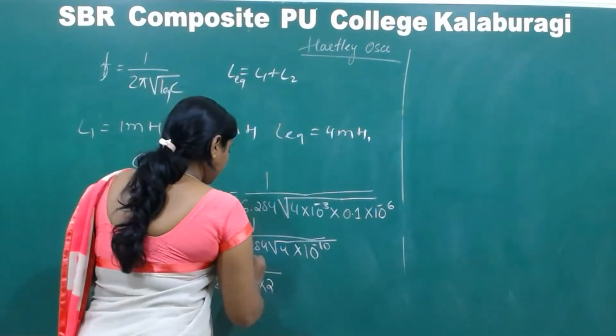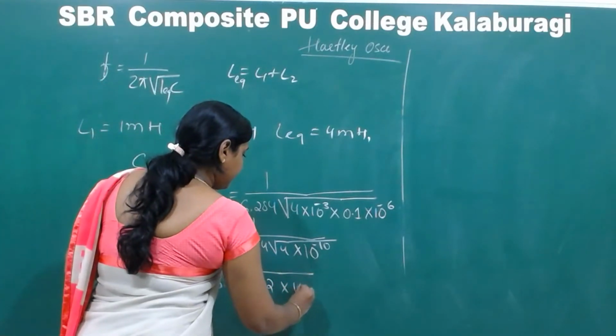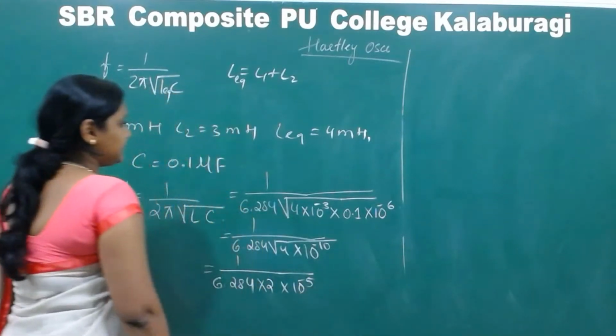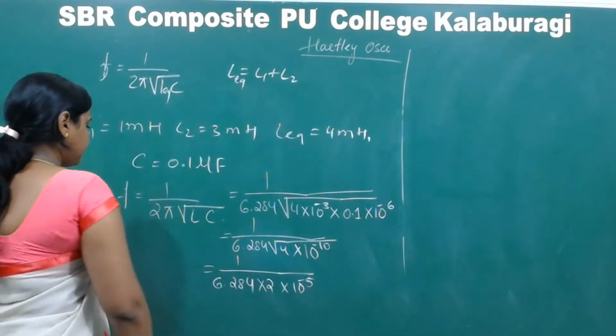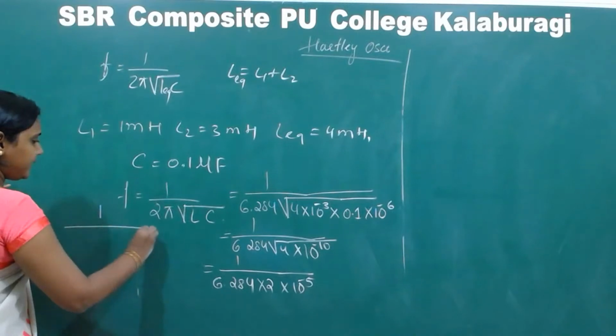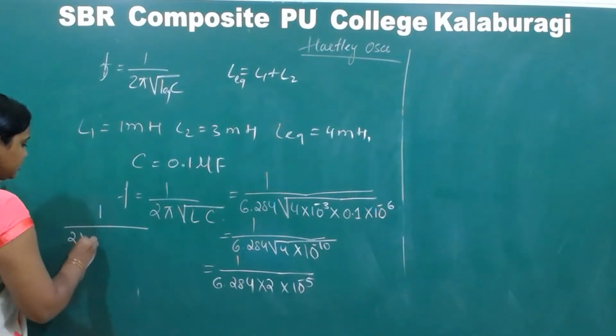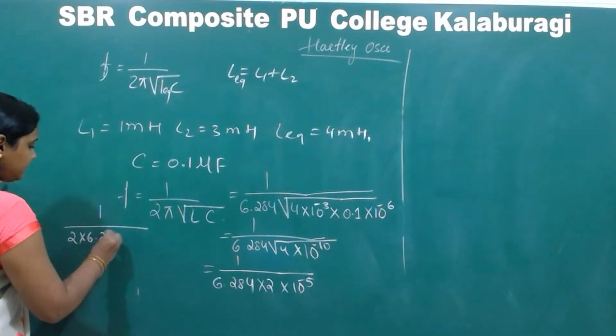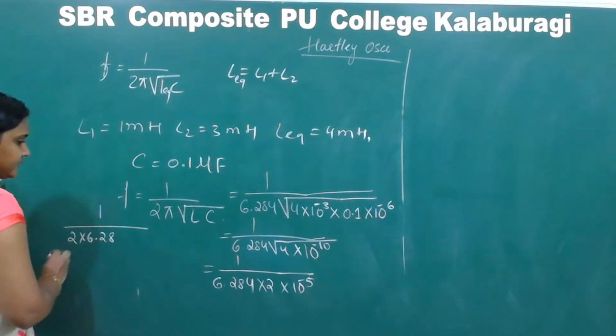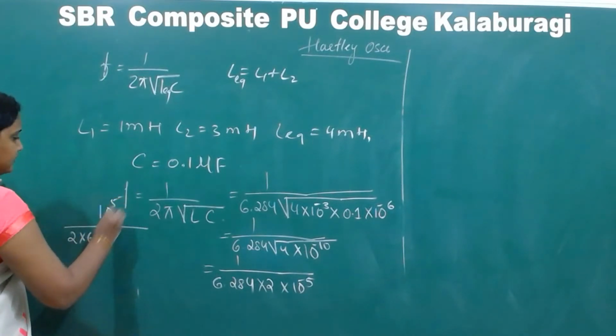Root 4, 10 into 10 to the power of minus 5. This can be written as 1 by 2 into 6.28 into 10 to the power of 5.